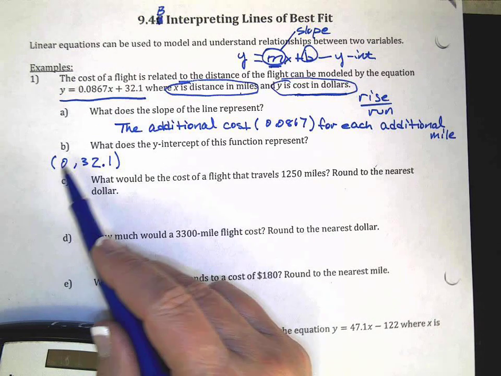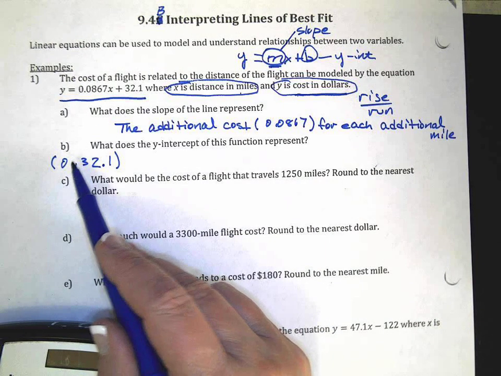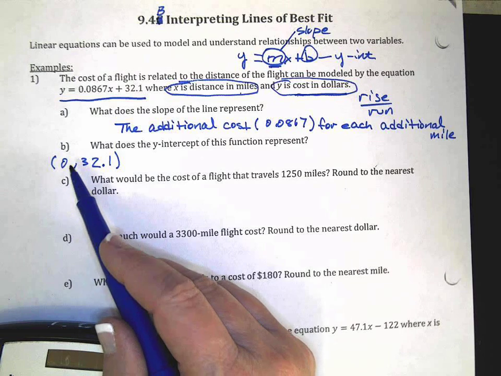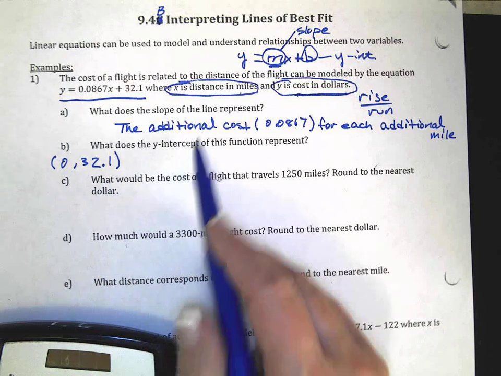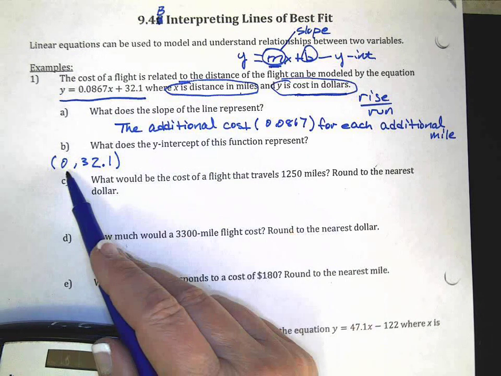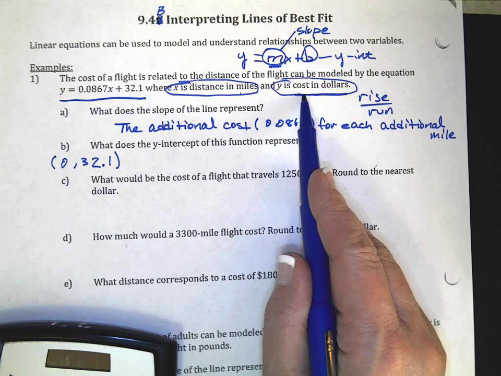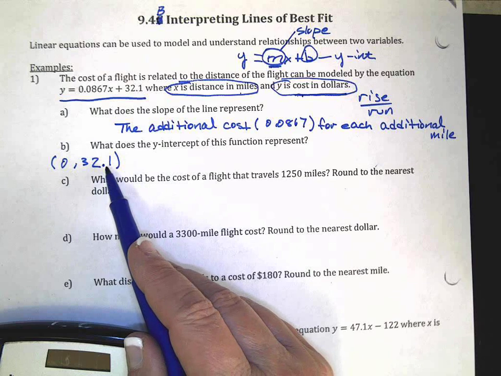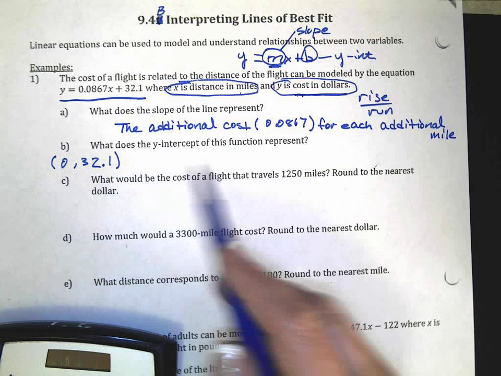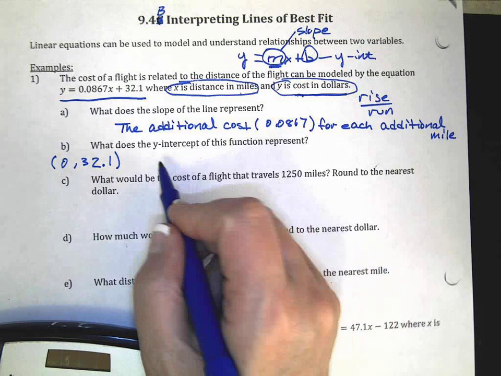That helps us when we're explaining. When x is 0, or we could state our x is distance in miles, if we travel 0 miles, our cost would be 32.10.